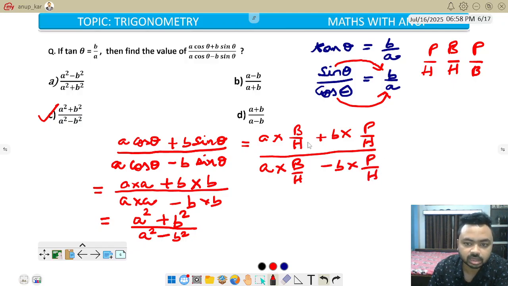So here my hypotenuse gets cancelled out. I hope it is clear. As we are not required to take the hypotenuse ratio, it gets cancelled out, so we can take the sin theta ratio as equivalent to b, and the cos theta ratio as equivalent to a. I hope it is clear.